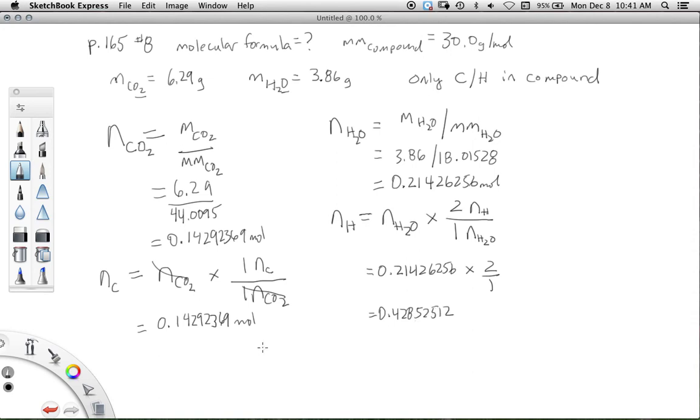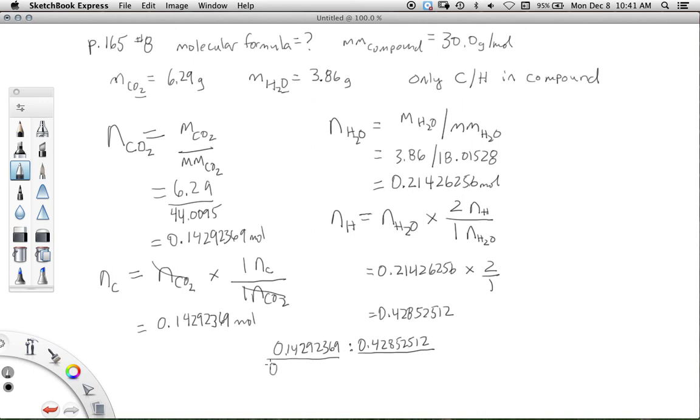So my ratio of carbon to hydrogen in this case is 0.14292369 to 0.42852512.